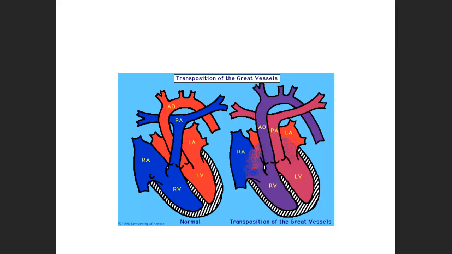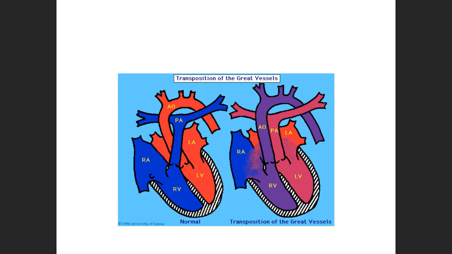as we've illustrated. Systemic venous blood goes into the right ventricle, into the aorta, back into the systemic circulation, systemic venous blood, right ventricle. And on the left side, pulmonary veins enter the left atrium, oxygenated blood goes to the left ventricle, into the pulmonary artery branches and the pulmonary vasculature, back into the left atrium.